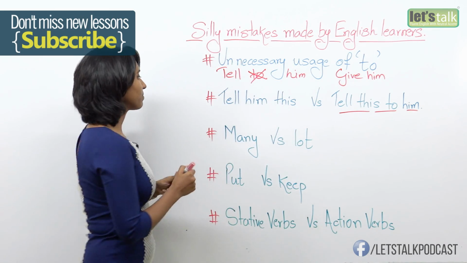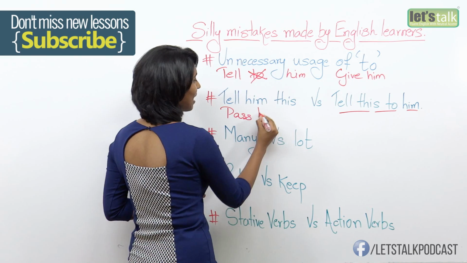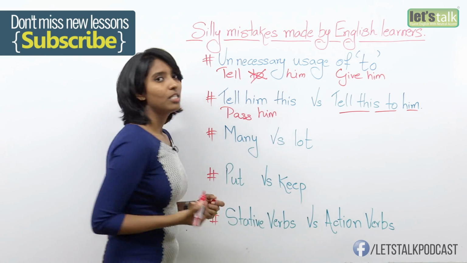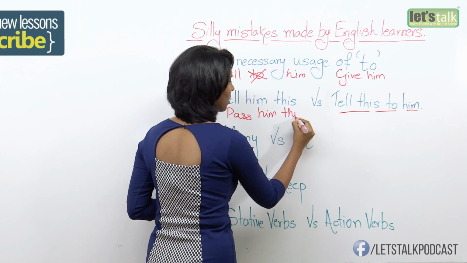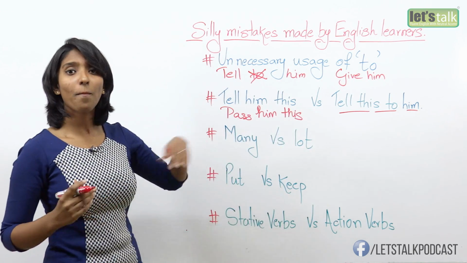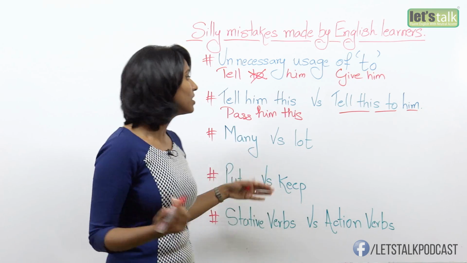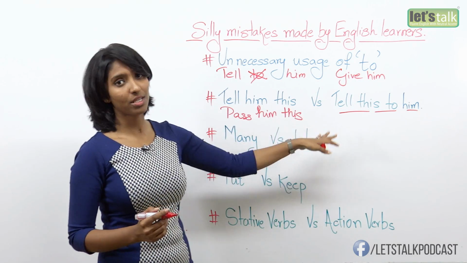Similar expressions. "Can you pass him some chocolates or pass him this?" Okay. "Can you pass him this or pass him some chocolates?" You will not say "pass this to him." No. "Pass him this."